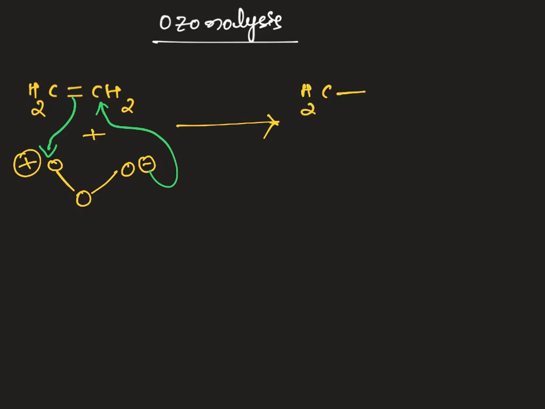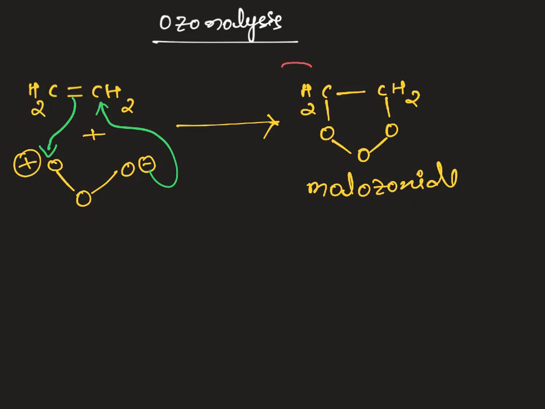Now the carbon double bond is cleaved. This compound's name is molozonide. Molozonide is highly unstable, and it will immediately undergo a rearrangement reaction.